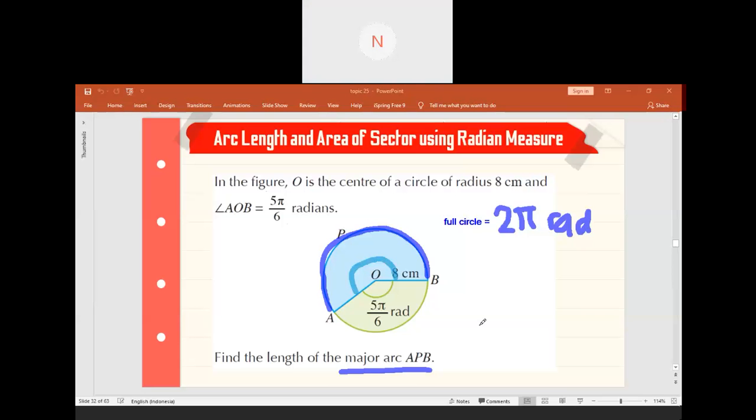How did you get 3.67? Just keep it with pi. It will be better if you keep it with pi.